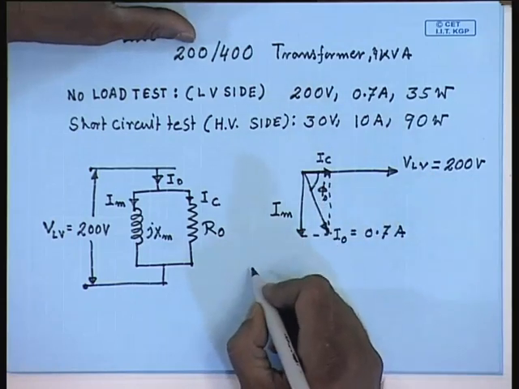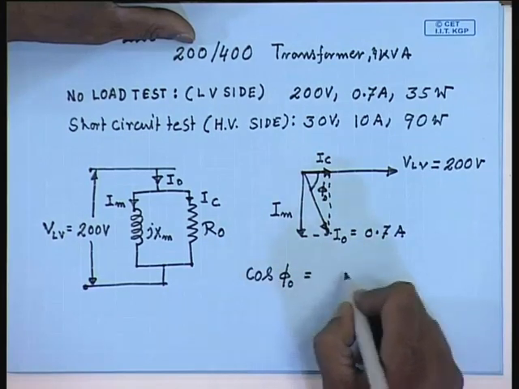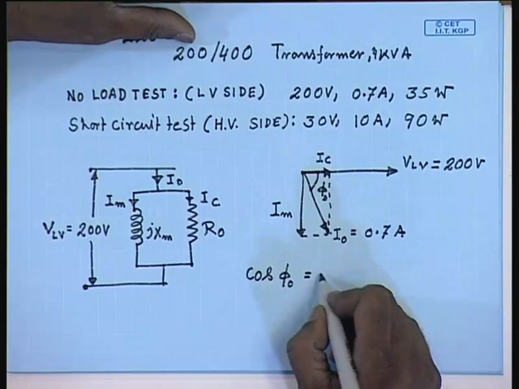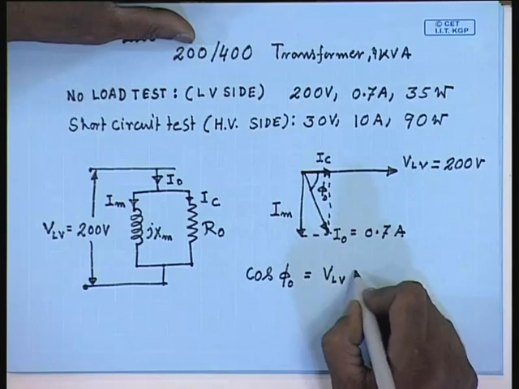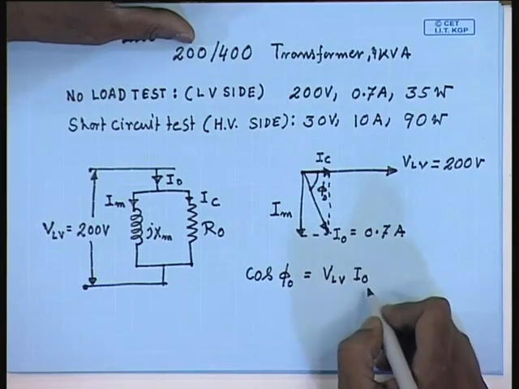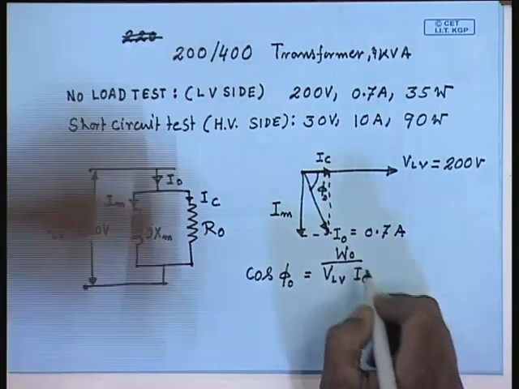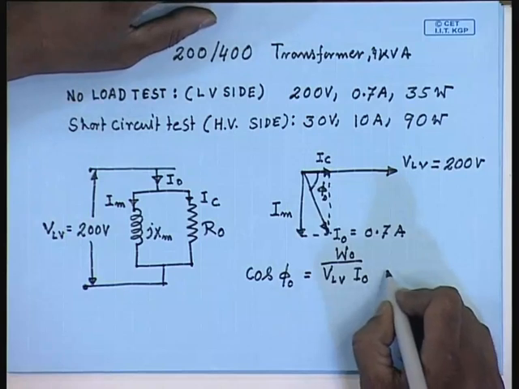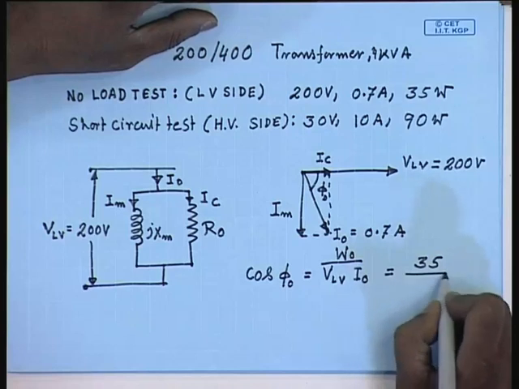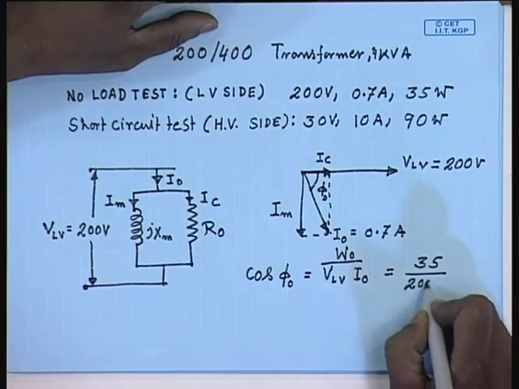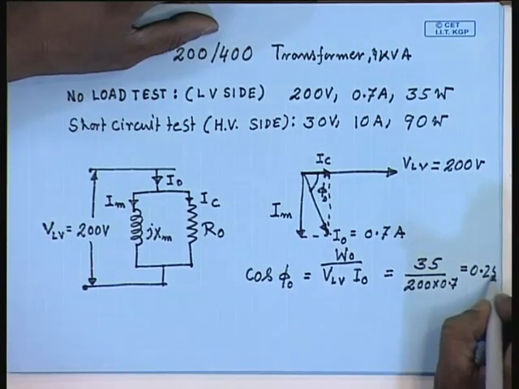Therefore, the no load power factor cos phi 0 equals W0 divided by VLV I0, this is equal to 35 divided by 200 into 0.7, let us say 0.25.